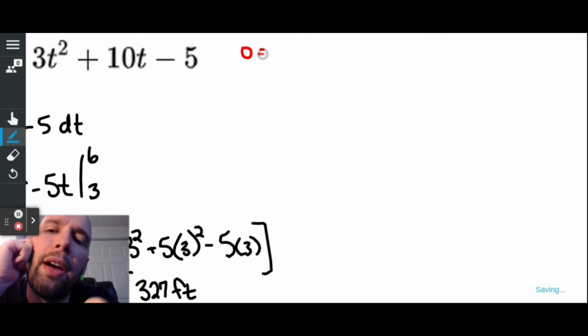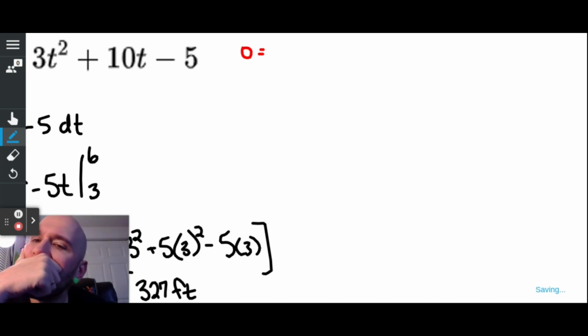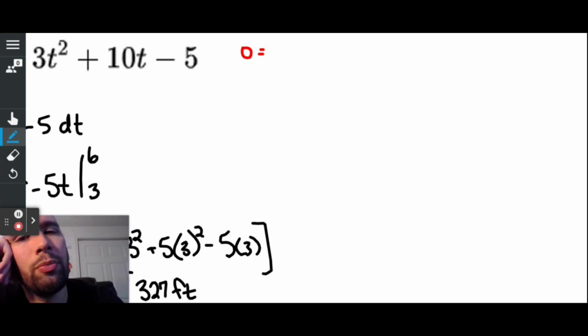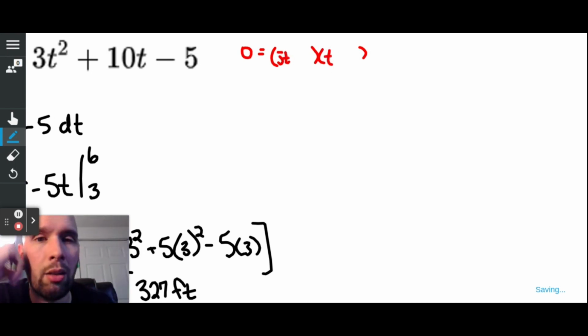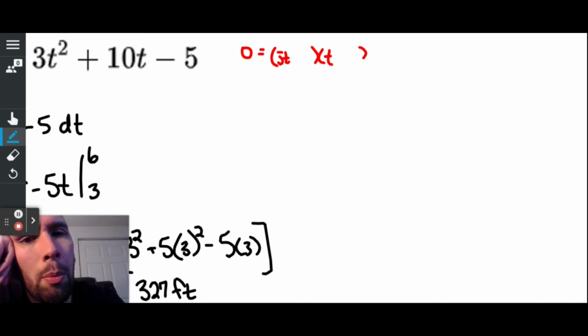Can I factor it? Oh, please, Lord, let me be able to factor it. So one of them has to be 3t, one of them has to be regular t, one of them has to be positive, one of them has to be negative. So if I make this positive 5 and this minus 1, I think that'll do it.